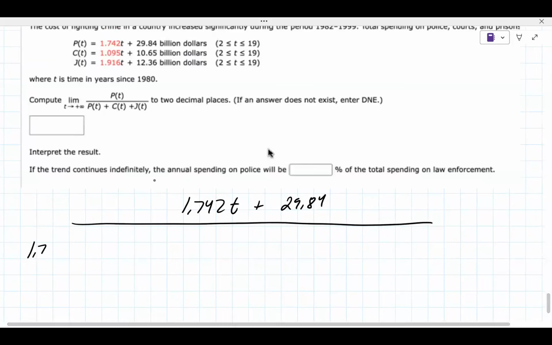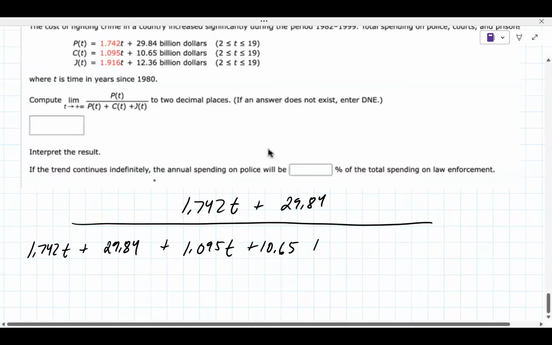There's a lot of writing here. And that is it.